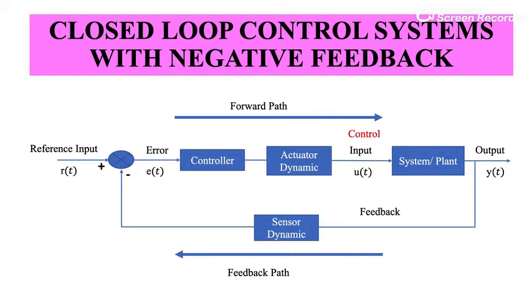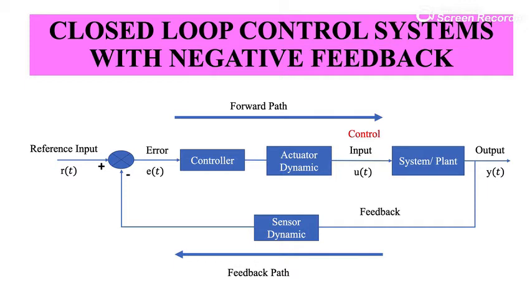The angle which is provided at the steering wheel is the input to the system, and the orientation of the car can be considered as the output from the system. Now if I want a certain orientation of the car, then I design a controller to calculate what steering wheel input should be provided at each and every instant of time.